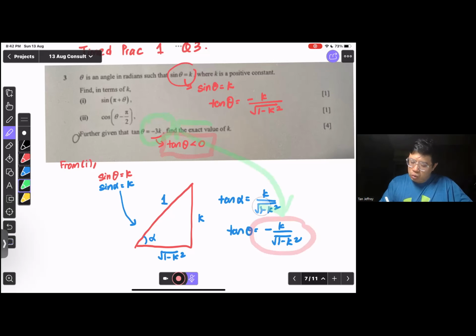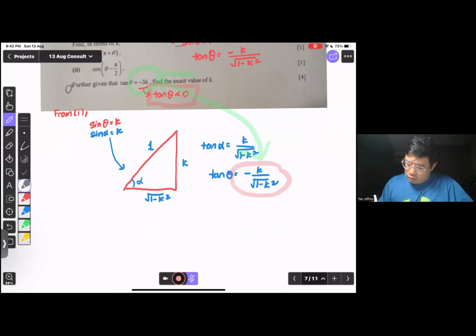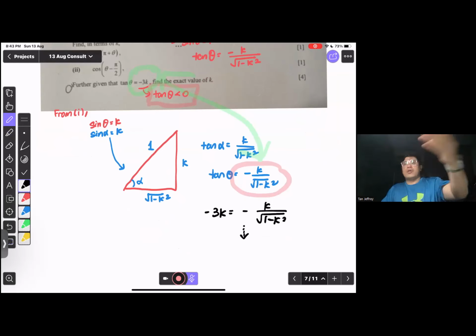So what do these two tell me? I have an expression that can be written in 2 ways. What I'll do is equate them right now. So -3k is equal to negative k over square root 1 minus k squared. Fair? Okay. From there, you should be able to solve it. Your life will be good after that.